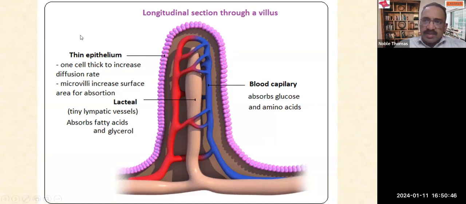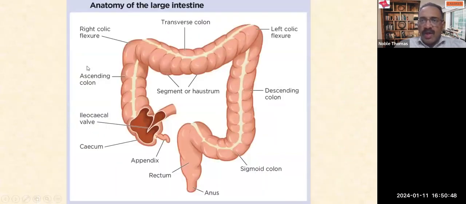The lymphatic system is also another system which is present in the body, which helps in transport of material. The undigested food material normally enters into the later part, that is the large intestine. And here, majorly the absorption of water and salts happens. The large intestine is a home for many bacteria, symbiotic bacteria also.